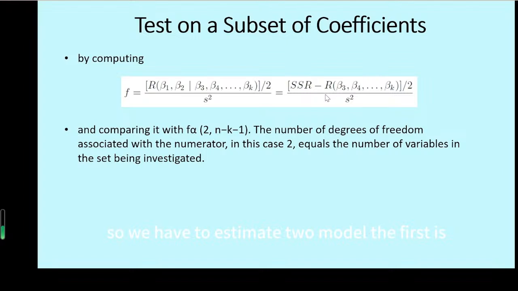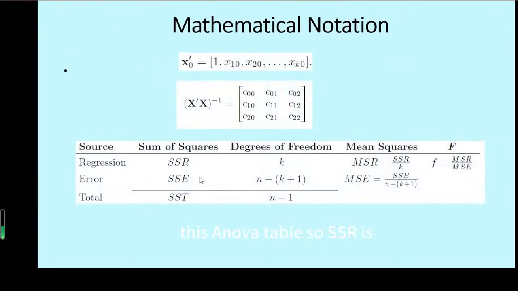So we have to estimate two models. The first is the original whole model, including beta 1 and beta 2, and we calculate its SSR. The second model is without beta 1 and beta 2, and we calculate its SSR. Then we take the difference of these two and divide by 2, because we have two parameters to test here. Then S squared, we look at this ANOVA table.